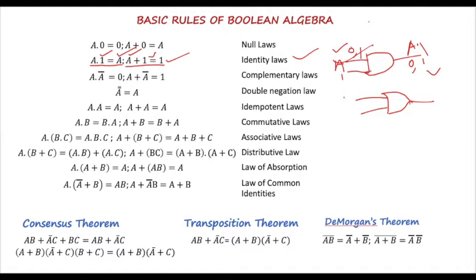Now in this case, if one input is A and the other input is 1, then it always gives 1. How? See, if A is 0, then the output will be 1, and if A is 1, then the output will also be 1. So the output will always be in the on state, that is, the 1 state.